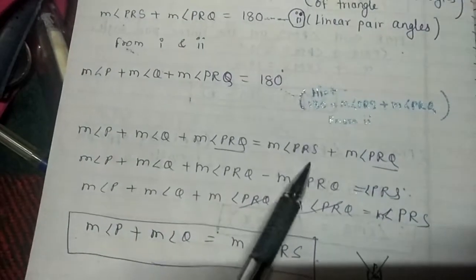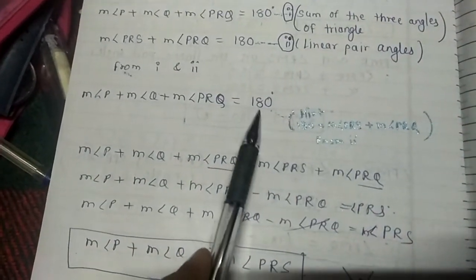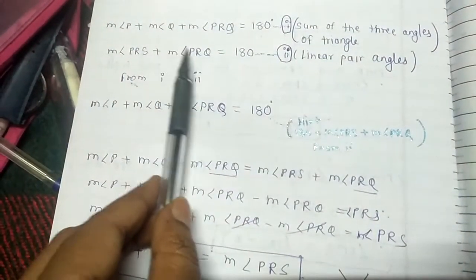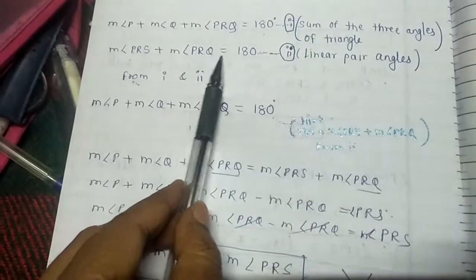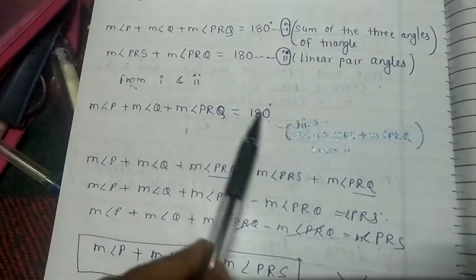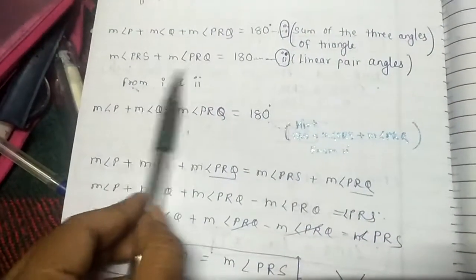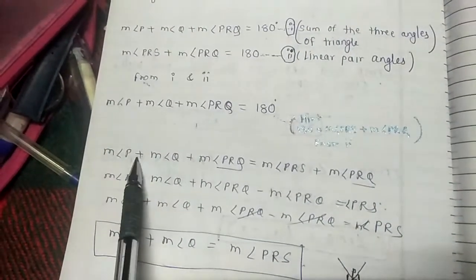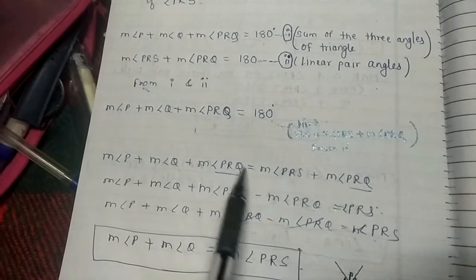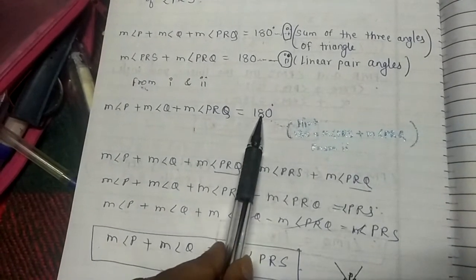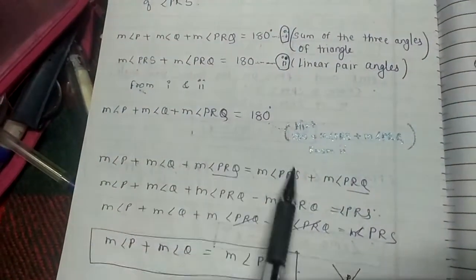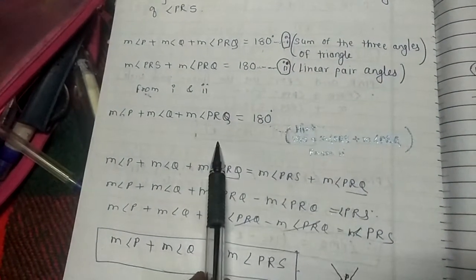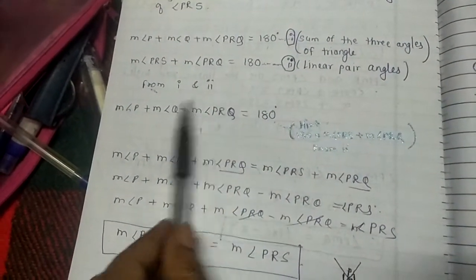So in the next step, instead of this 180, we write the measure of angle PRS plus the measure of angle PRQ, because these are equal to 180. So we replace this 180 with this one. Why? From equations 1 and 2.